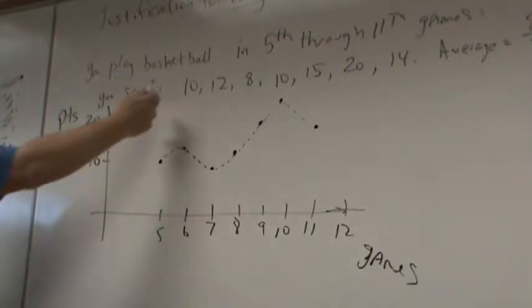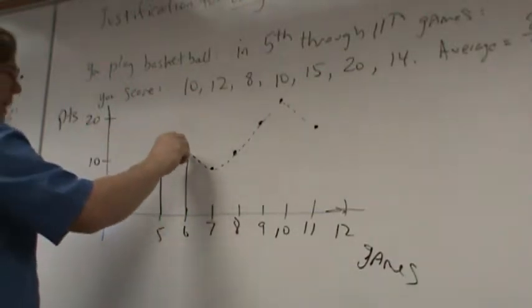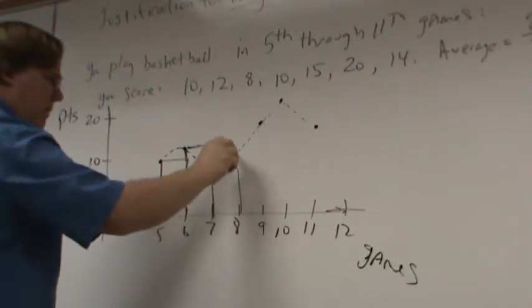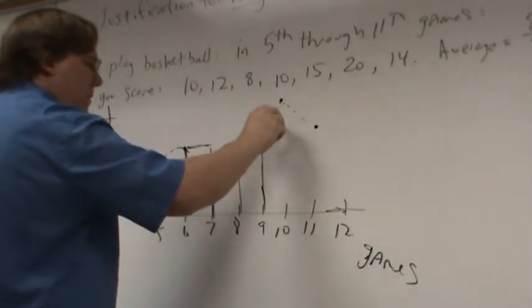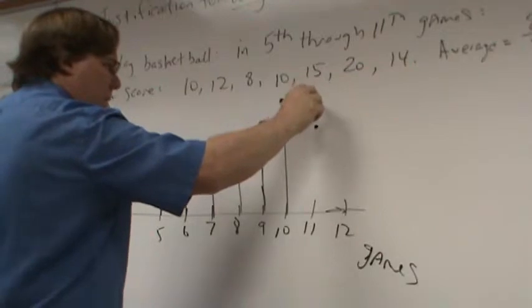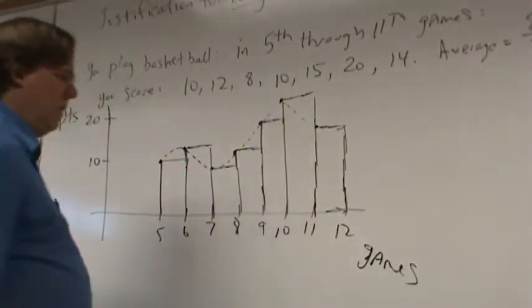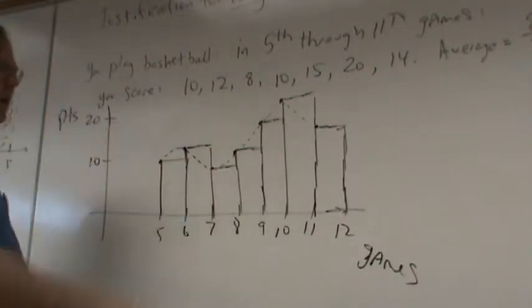I said, okay, this first rectangle is 10, the next rectangle is 12, the next rectangle is 8, then this rectangle is 10, and so on. And then finally that rectangle gets me to there. I'm getting the area under that dotted line.